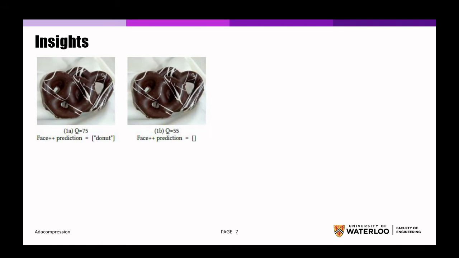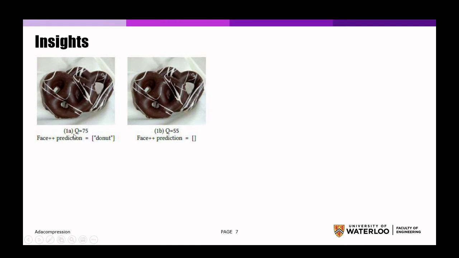Here I'll introduce some examples for different quality factors for input images that can show us the motivation: decreasing the image size might not affect some examples, but it will affect others according to the textures in the image content. As we can see here, it's a different cloud service, which is Face++.